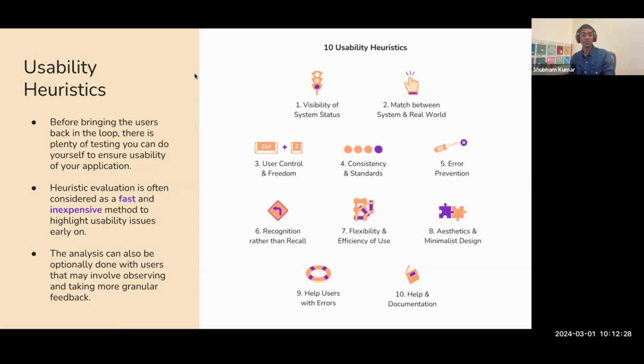Moving to the seventh one, flexibility and efficiency of use. So this is about catering to users of varying skill levels by offering shortcuts or customization options to streamline their tasks. It's about allowing users to tailor their experience to suit their preferences, making interactions more efficient and accommodating for their individual needs.